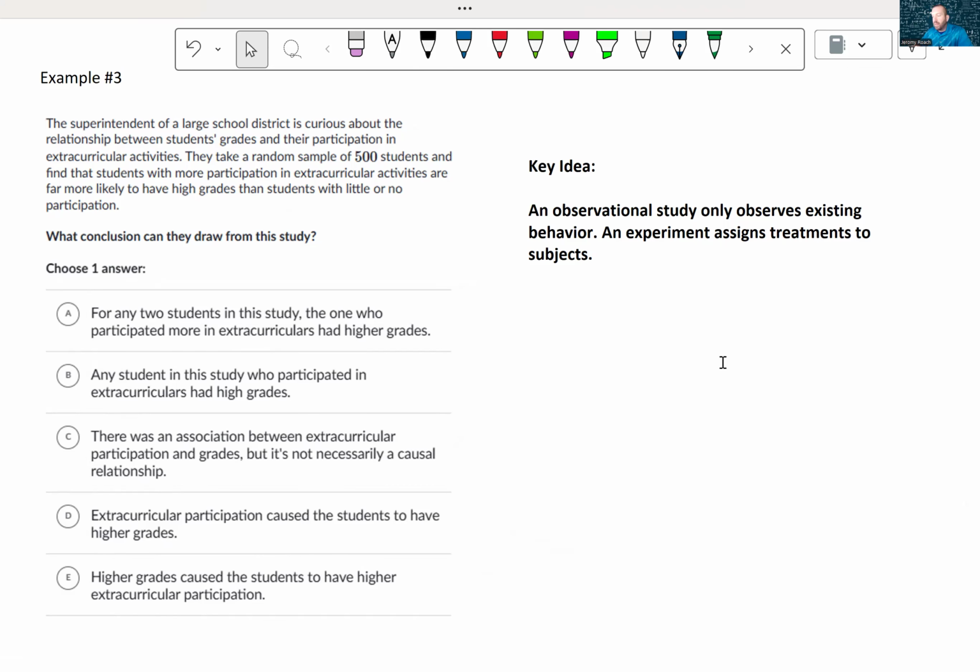Okay, so we need to determine, is this an observational study or is this an experiment? It says he took a random sample of 500 students and found that those students with more participation in extracurricular activities have higher grades.